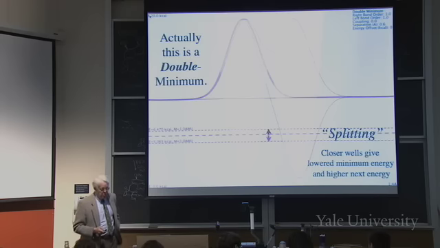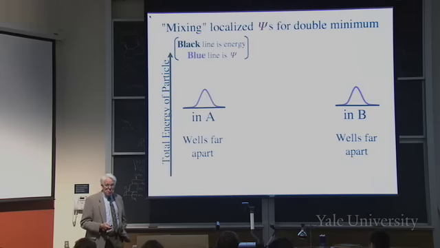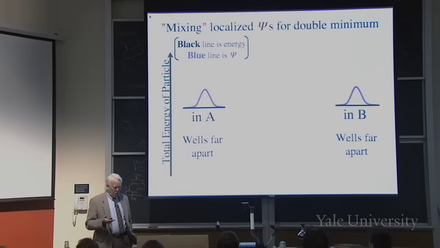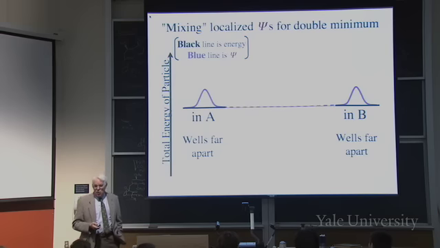Now that's really important because that's what makes bonds, right? So if we have two atoms or one-dimensional wells far apart, say A and B, we get a solution in A and a solution in B. And if we want the solution for the whole thing, we just put them together that way, right? No nodes.